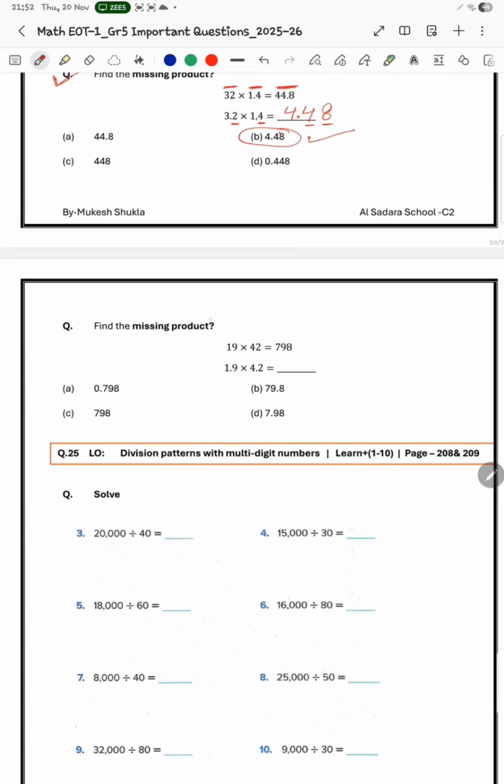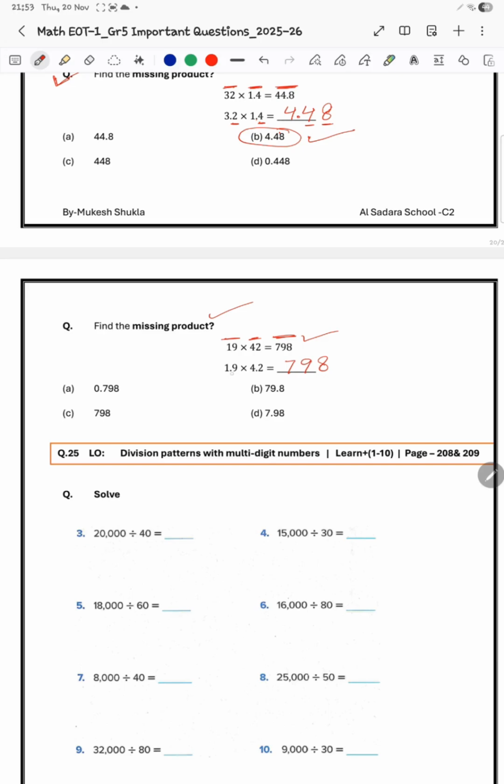Now find the missing product here. Again 19 times 42 they have already given: 798. Now they are asking the answer for this. Since the digits are the same, the digits in the product will also be the same. So the digits will remain 798. Now I am going to put the dot.